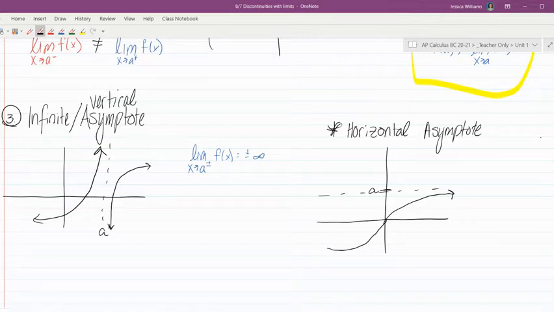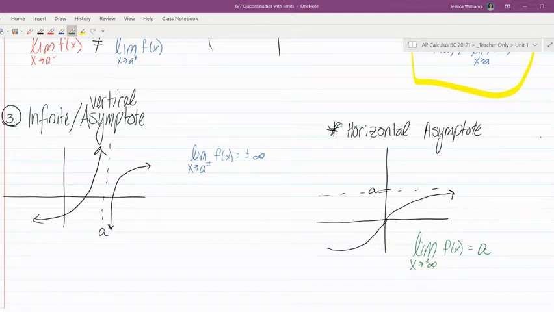I just want you to see what the limit looks like. This time, the limit as x goes to infinity of your function equals a value. That's what makes it a horizontal asymptote. And I'm going to put a plus or minus because it can go to either infinity.